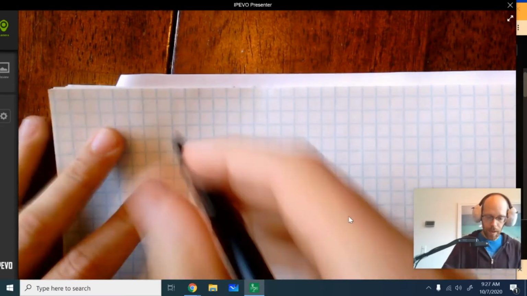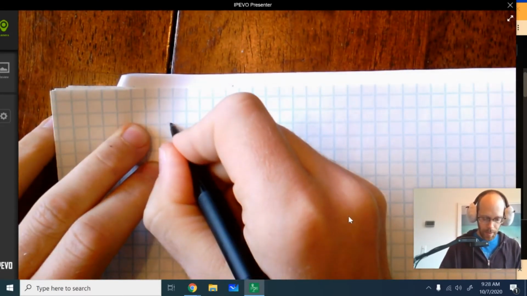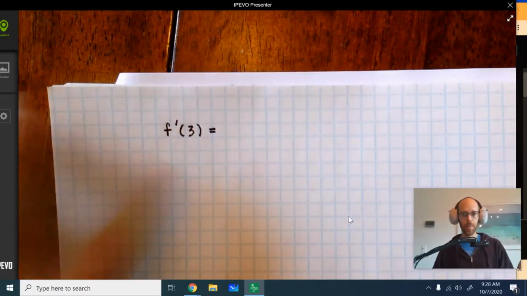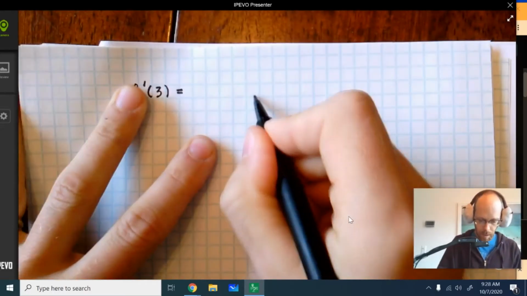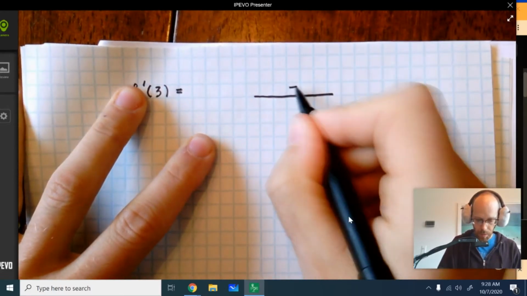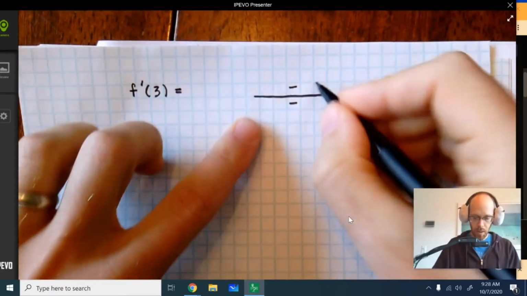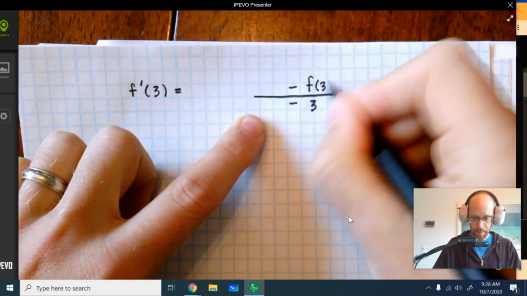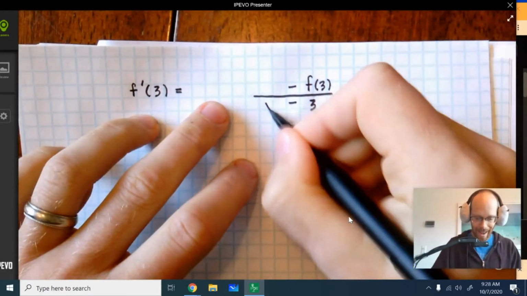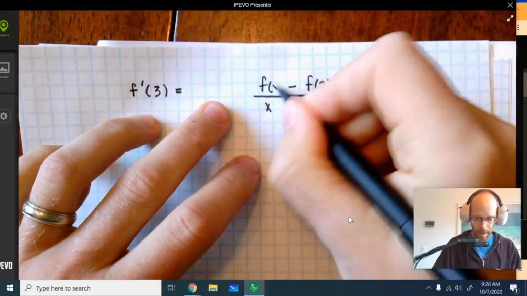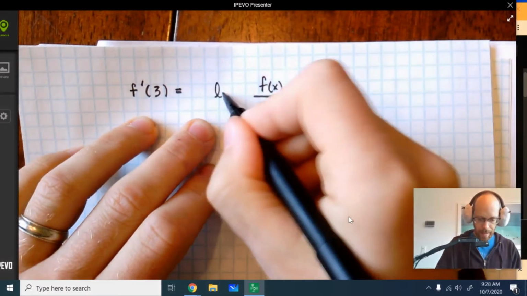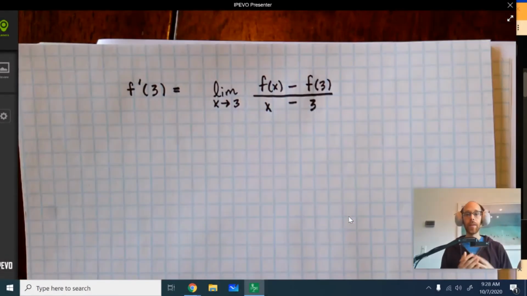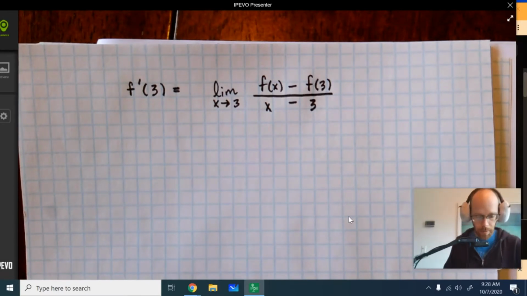Recall from last time, the way we go about this is we say that the derivative at 3 is equal to taking a difference quotient, where one of our points is 3 comma f of 3, and our other point is x comma f of x, and then we take the limit as the x value approaches 3. This formula will give us the actual value of the derivative.